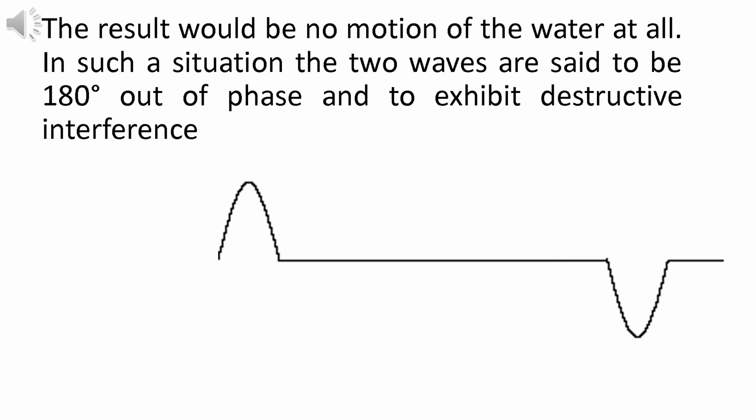So, the result would be no motion of the water at all. In such a situation, the two waves are said to be 180 degrees out of phase and to exhibit destructive interference. So, ang tawag natin dito sa wave na to is destructive interference.